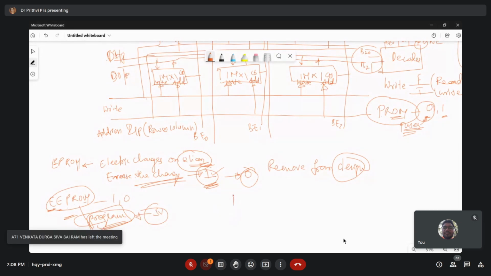Then what we have are the programmable logics, that is your PLDs or PLAs. The term programmable here means that the functions can be specified after the chip is manufactured.